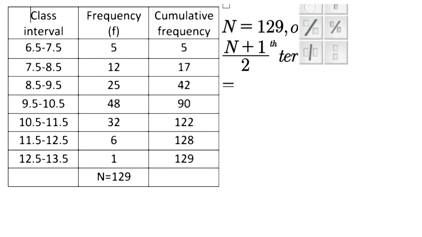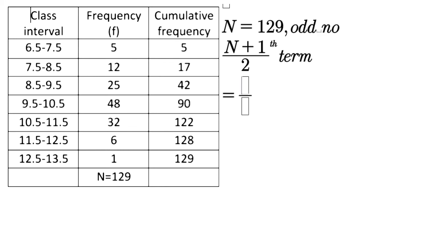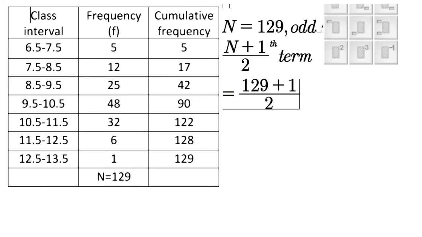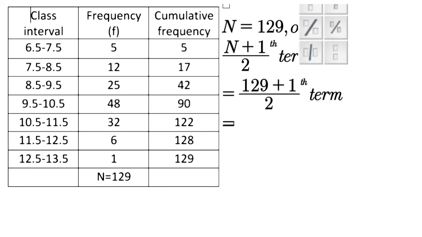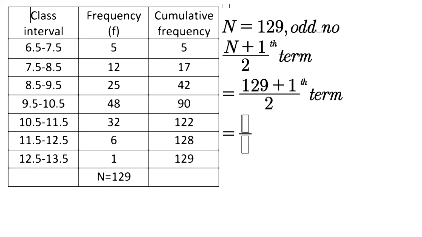Now if you substitute the value, it will give you 129 plus 1 divided by 2. 129 plus 1 equal to 130, 130 divided by 2 equal to 65.